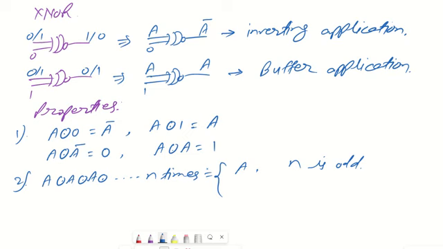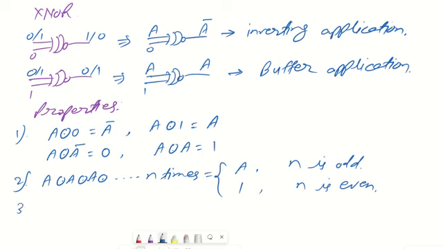And if n is even, then it is going to give you 1. So whenever the number of terms is even it will become 1, and if the number of terms is odd, then it will be A.